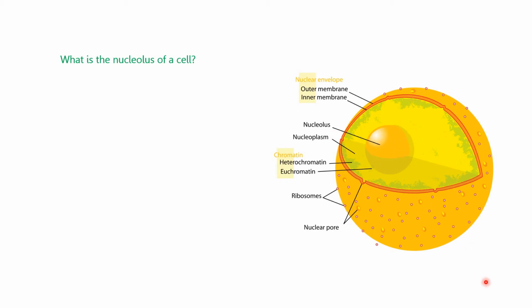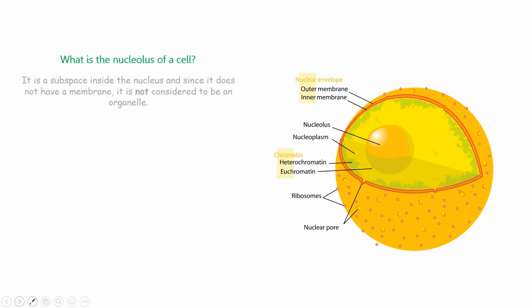And then the nucleolus. When we say nucleolus, it is a subspace inside the nucleus, and since it does not have a membrane, it is not considered to be an organelle. Again, the nucleolus is just a subspace inside the nucleus.